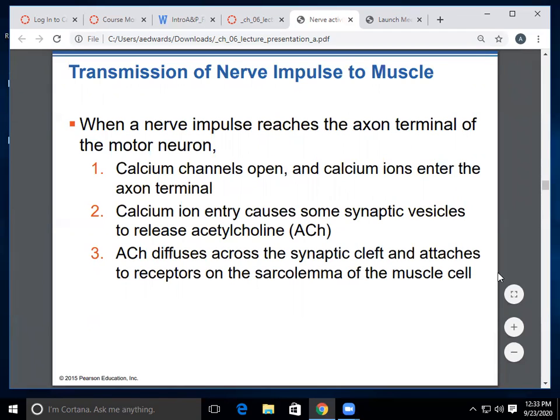So ACh is going to diffuse across the synaptic cleft, which basically means, remember diffusion, okay? It's going from area of high concentration to area of low concentration. So basically, it's being released by those vesicles into the cleft, and then the ACh will attach to receptors on the cell membrane of the muscle cell. Remember, the cell membrane of a muscle cell is called sarcolemma.